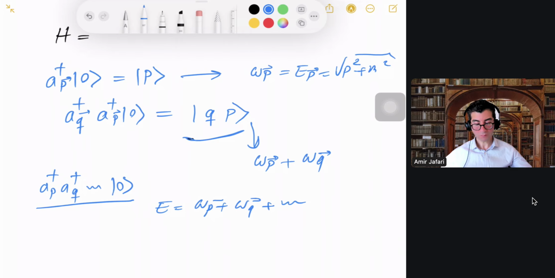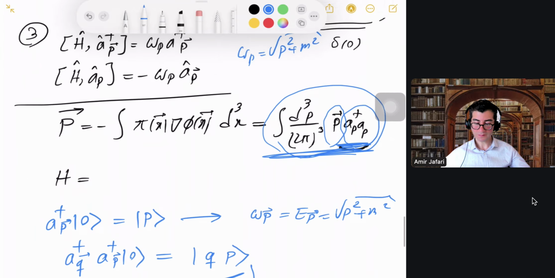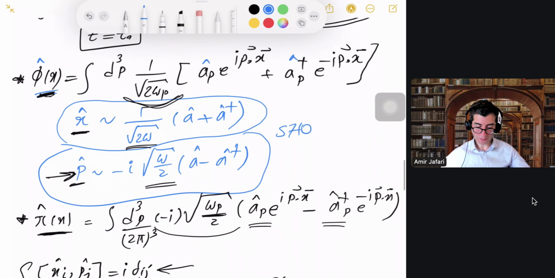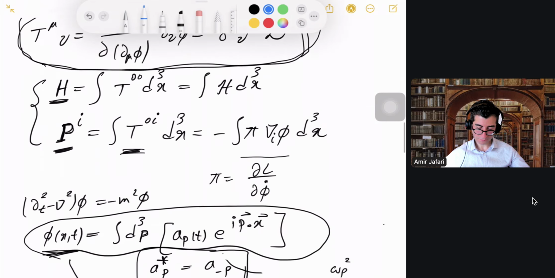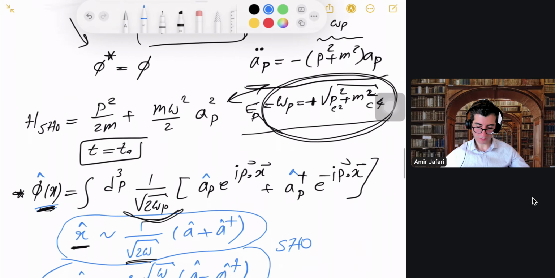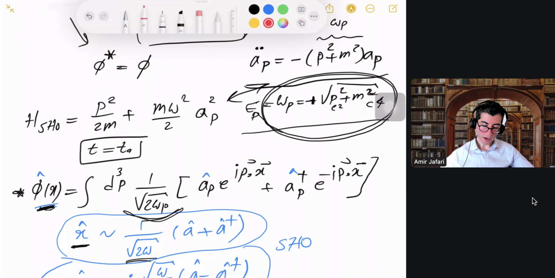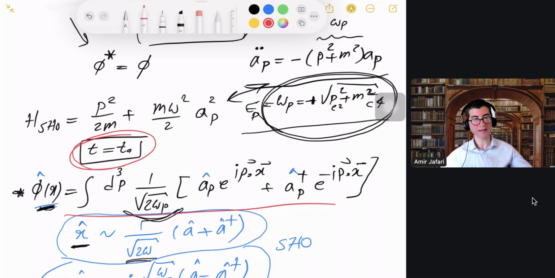So remember, one important thing that I mentioned here, where was that? Now I should find it, which is hard. Here. I said pick a fixed time and work there. Just write this Fourier transform, for example, at a fixed time.